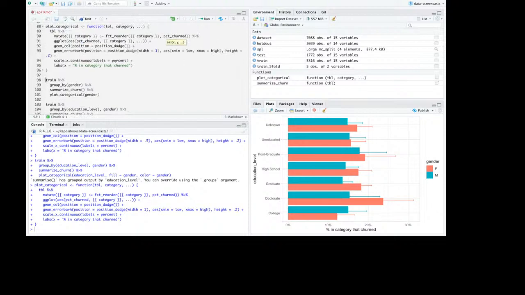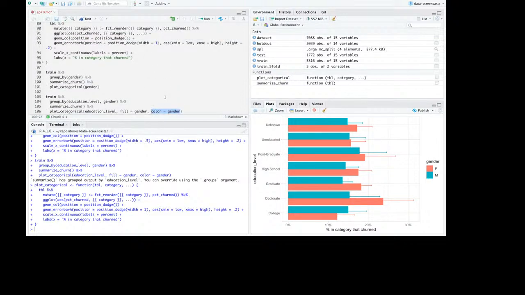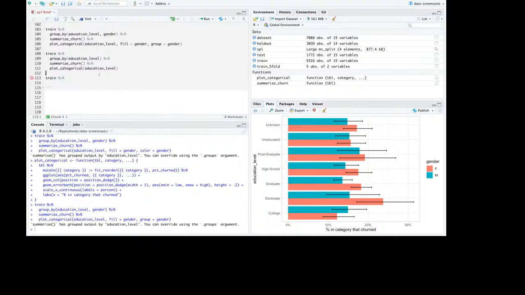And I changed my mind on the color. I'm going to need a group. There we go. Okay, so is there an interaction term? Don't think there's an interaction term.